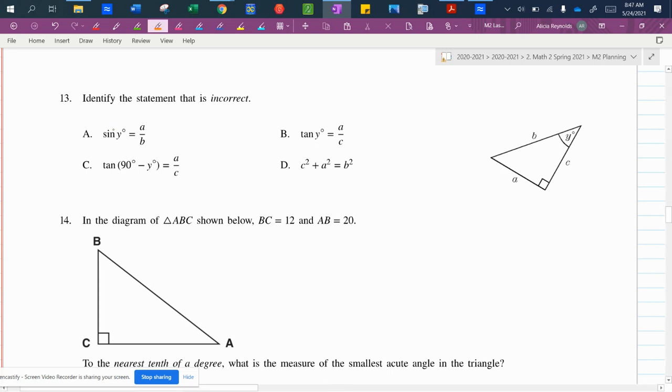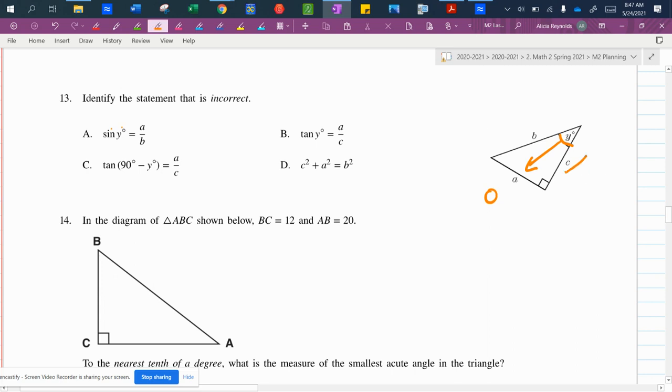So don't overstudy. So which statement is incorrect? If we're looking at the sine of y, is A hypotenuse, opposite, or adjacent? If I can draw an arrow to it, opposite, which makes C adjacent. Is that sine? No, not at all. Oh, I'm silly.